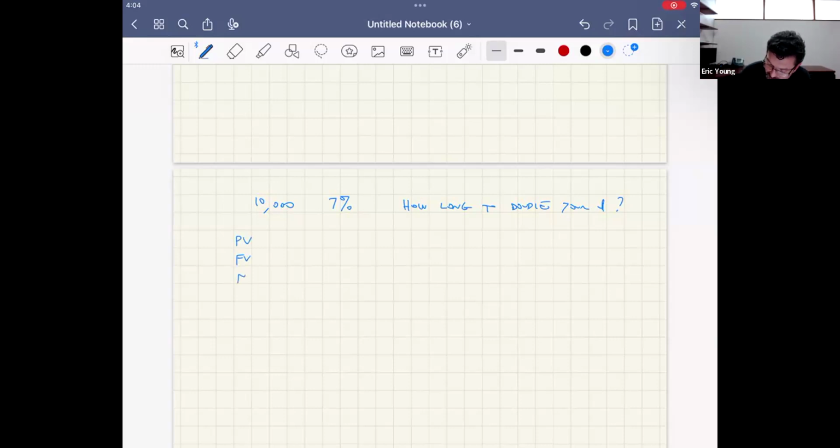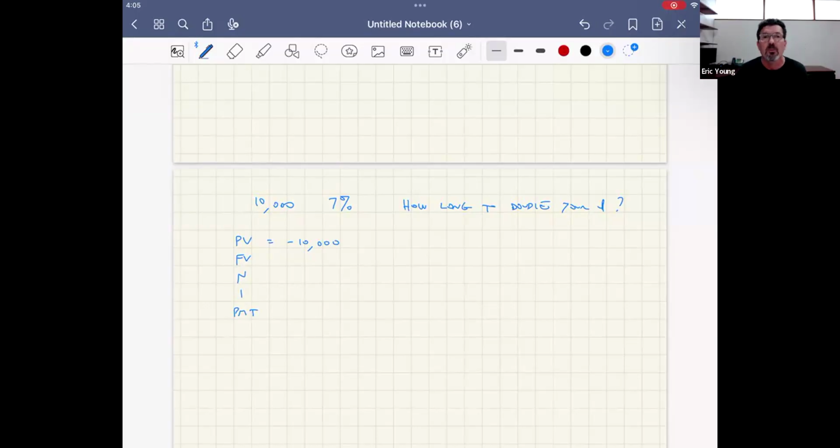Let's get our 5 variables down. We have $10,000 right now, so we're going to put that into an account. So present value is going to be negative 10,000. In case you're confused, the 10,000 was straightforward. That's the amount.